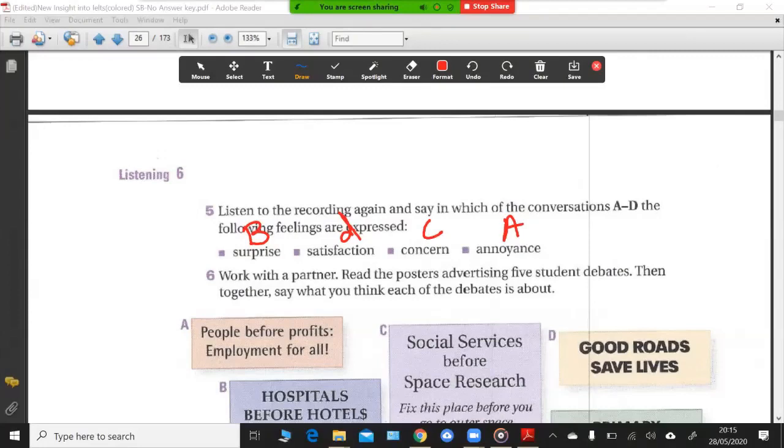Okay. Now this is how, from the tone of the speaker, from the conversation, you try to get an idea of the kind of feeling, being surprised or satisfaction or dissatisfaction, or it's a concern or is annoyed or something like that.